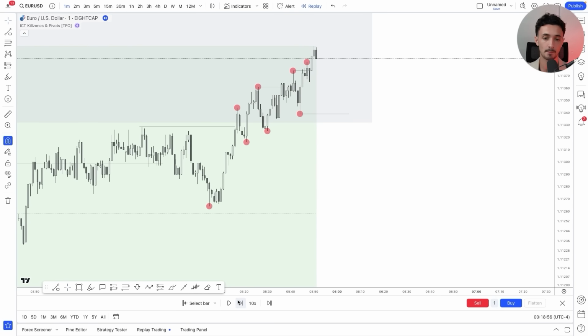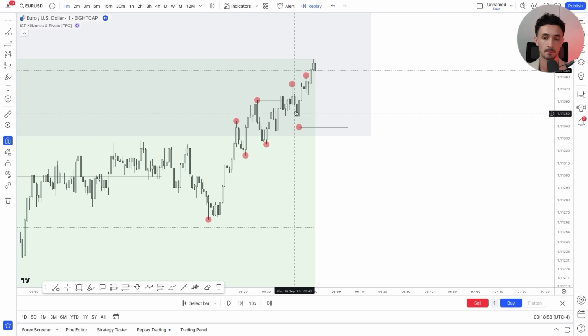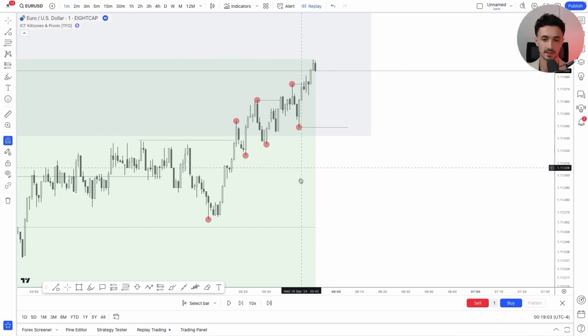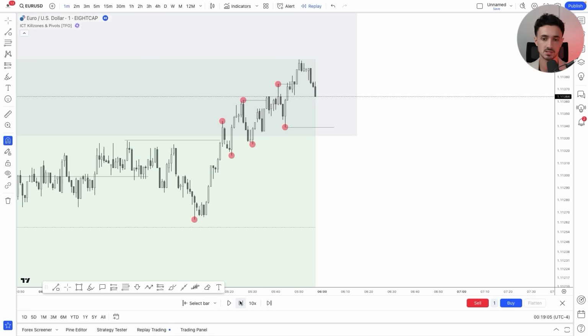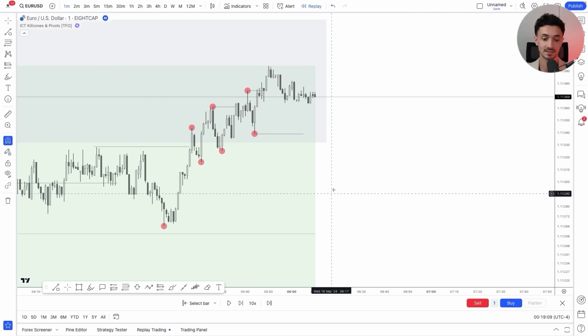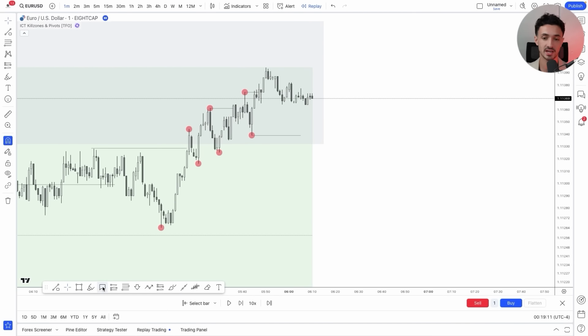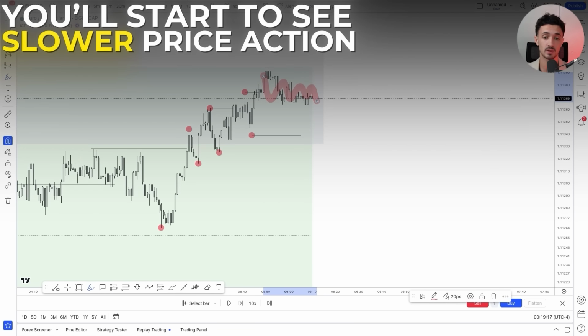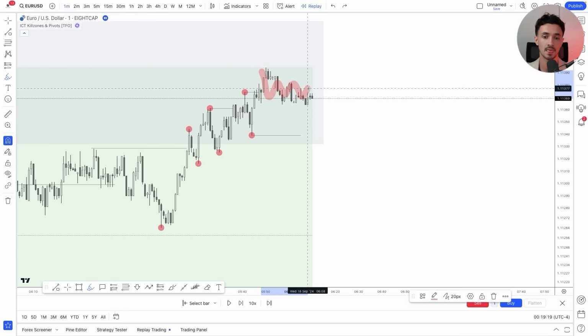Because what happens is buyers are controlling the market right now. But the moment the low that is currently in control of the market gets broken, well, inevitably so, that is the shift of power. What you also notice, before we do get a shift from one of these areas in the gray box, you'll start to see slower price action, because we are now experiencing a battle between buyers and sellers, right?